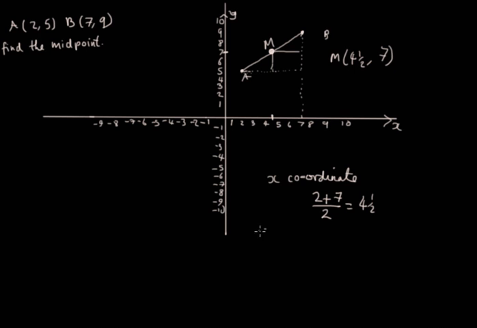And again, with the y coordinate, we're going to take an average of the two y coordinates, so we get 5 add 9 divided by 2 equals 7. So that gives us a coordinate of 4.5, 7.